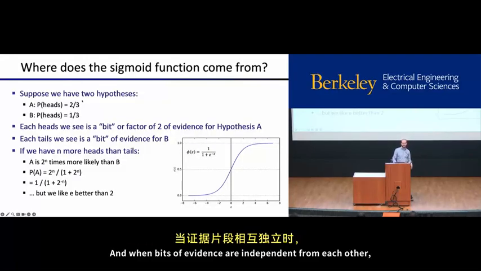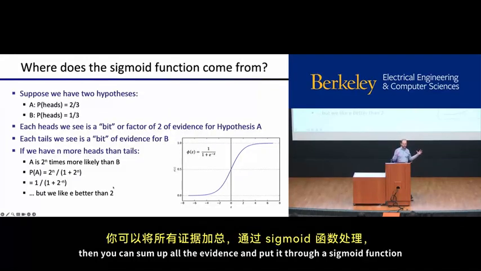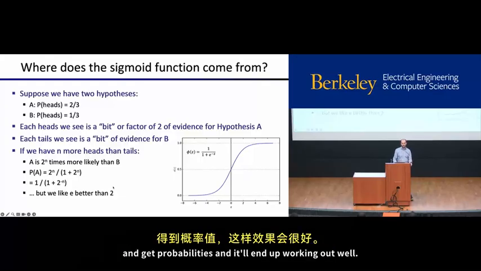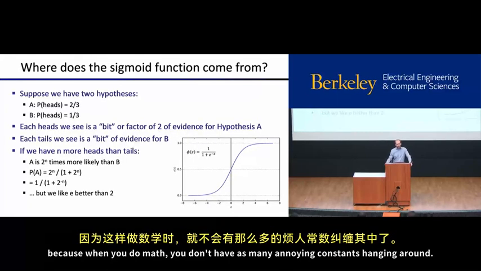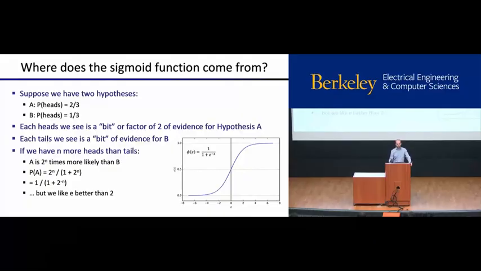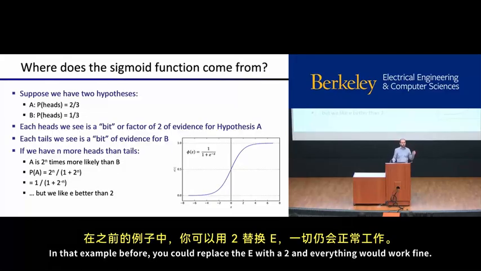And when bits of evidence are independent from each other, then you can sum up all the evidence and put it through a sigmoid function and get probabilities. And it'll end up working out well. But mathematicians just like having logs base e rather than base 2 because when you do math, you don't have as many annoying constants hanging around. In that example before, you could replace the e with a 2 and everything would work fine.